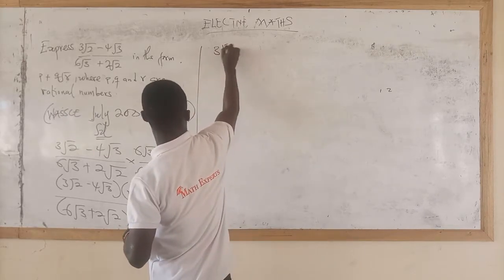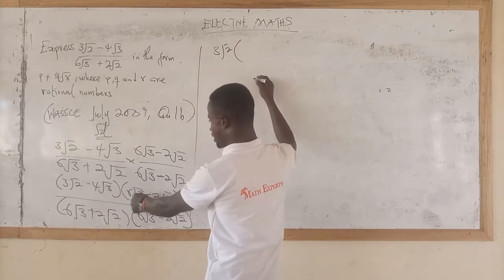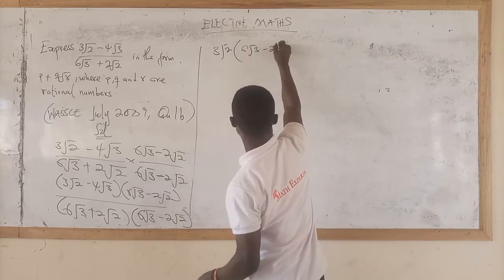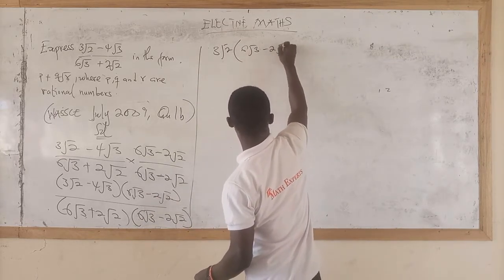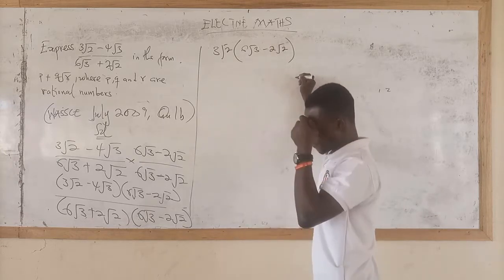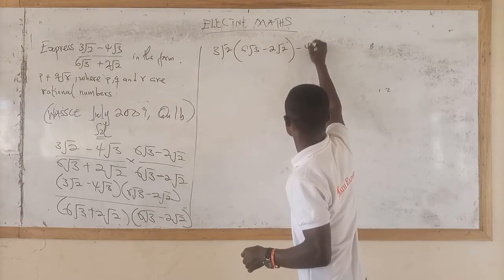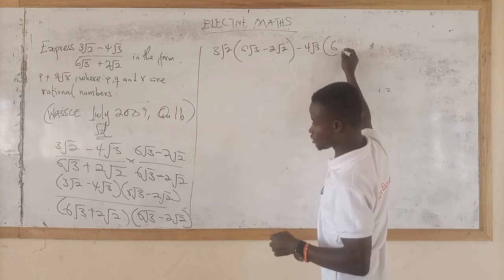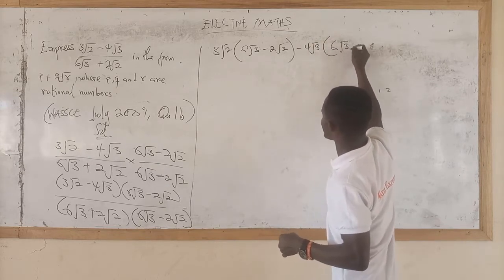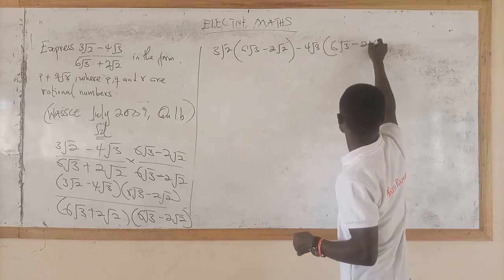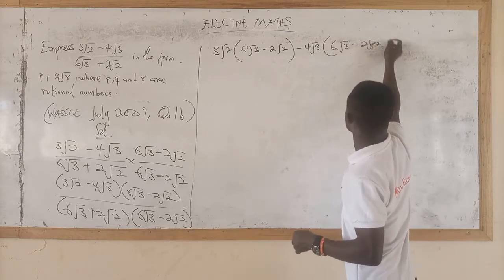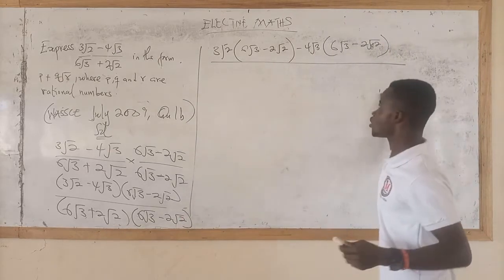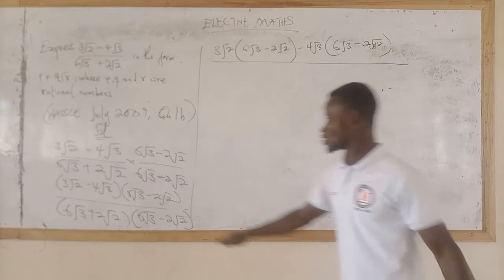So 3 square root of 2 will multiply 6 square root of 3 minus 2 square root of 2, minus 4 square root of 3 will multiply 6 square root of 3 minus 2 square root of 2. And the whole of this is going to be over that.